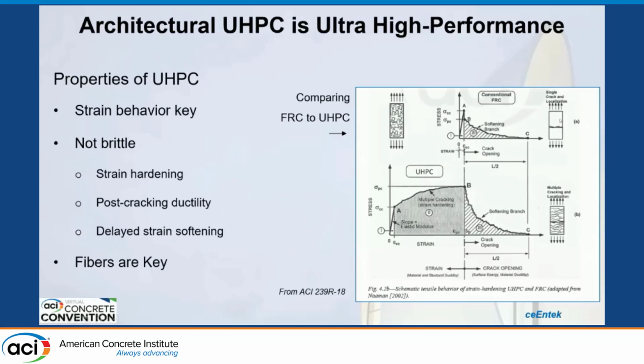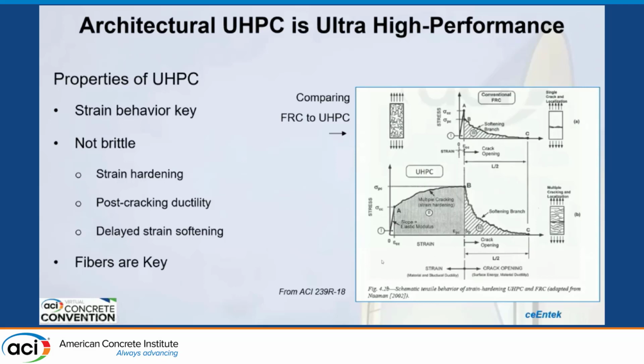If you were to pull apart in direct tension a coupon of this material with your fibers aligned in random patterns, you'll traditionally develop one or sometimes two cracks, but very soon a single crack will form and you'll be able to pull this material apart.